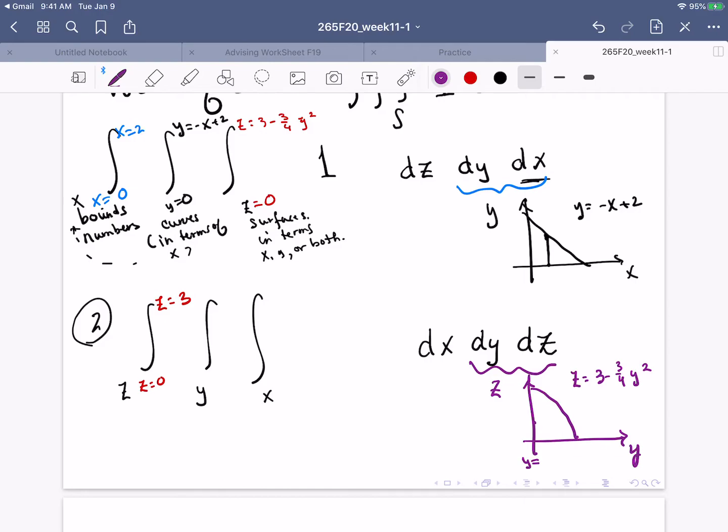This is y equals 0. y goes from 0 to the square root of 4 minus z. So again, if I solve, no, that's not right. 4/3 z. So y goes from 0 to the square root of 4 minus 4/3 z.